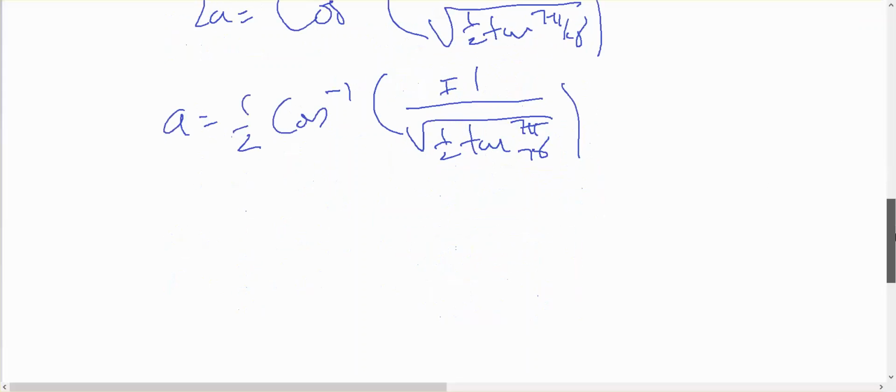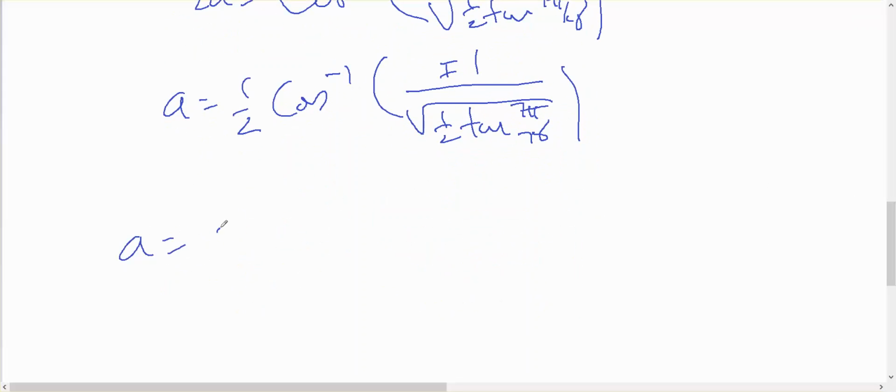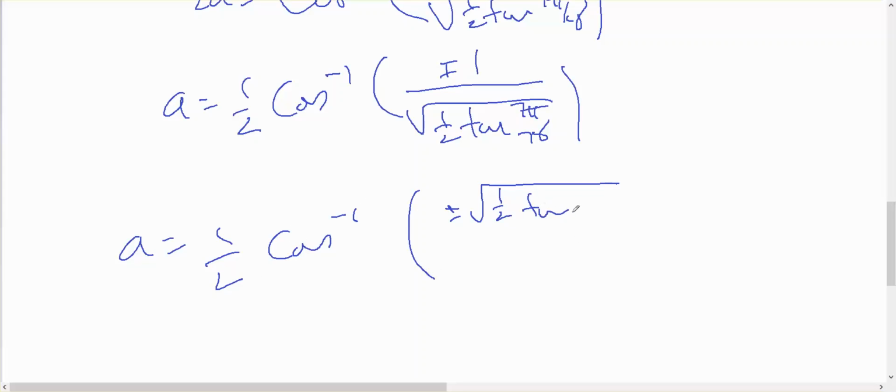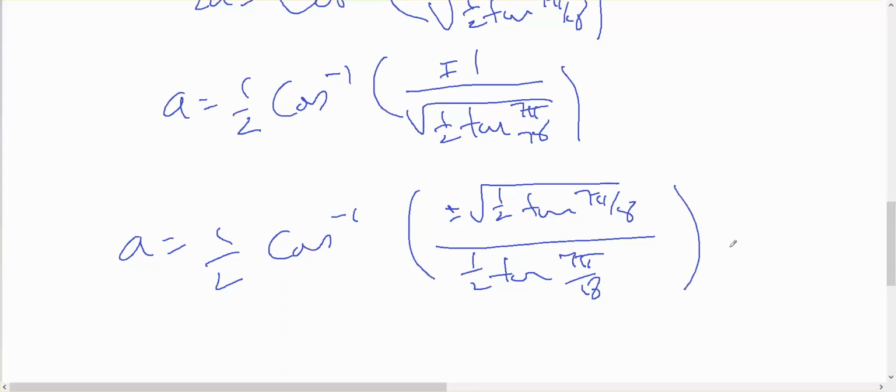And if I wanted to rationalise the denominator, I'd get a equals a half the inverse cosine of plus or minus the square root of a half tan 7 pi on 18 over a half tan 7 pi on 18. And that's what a is going to equal.